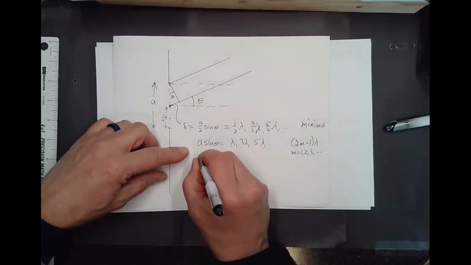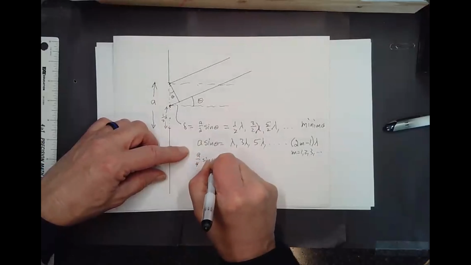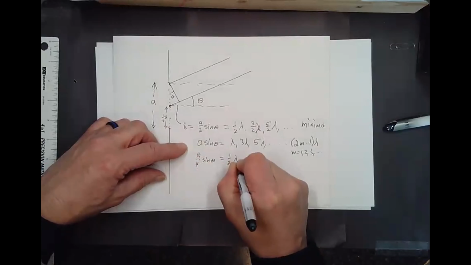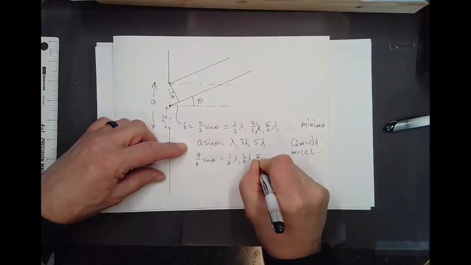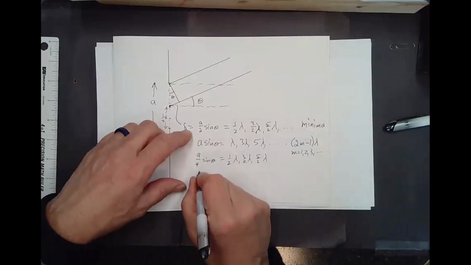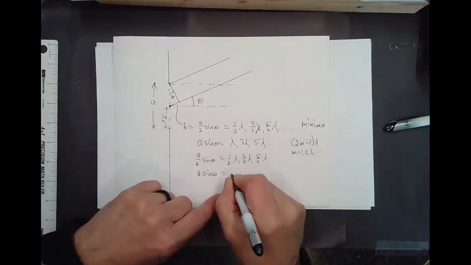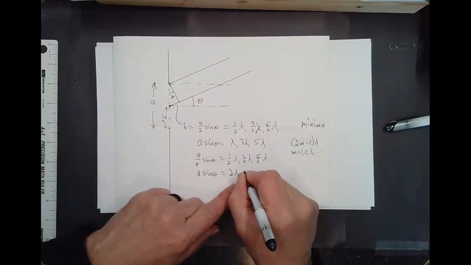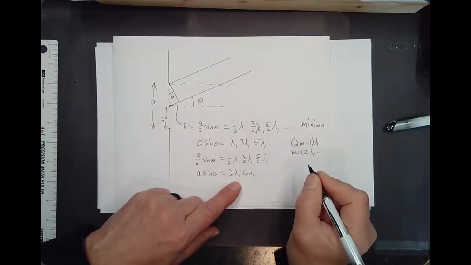And so I could also say that a over 4 sine theta is going to equal 1/2 lambda, 3/2 lambda, 5/2 lambda. Then I multiply by 4, and I'd get that a sine theta is going to equal 2 lambda, or 6 lambda.